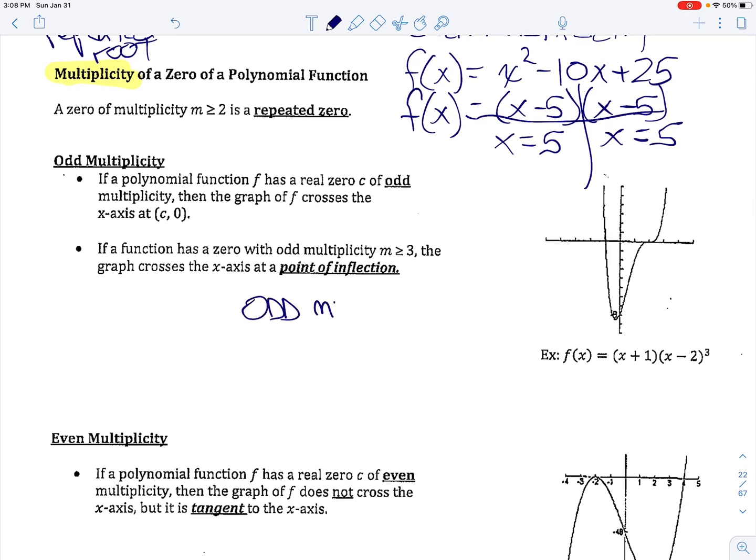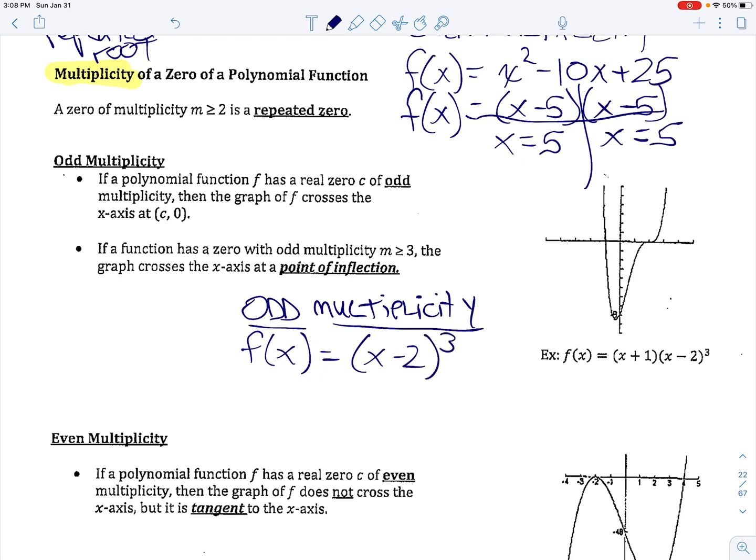So odd multiplicity would be something like this. F of x equals x minus 2 raised to the power of 3.